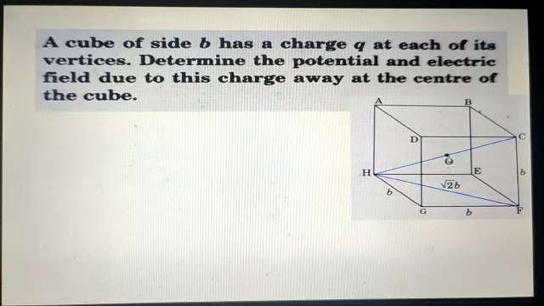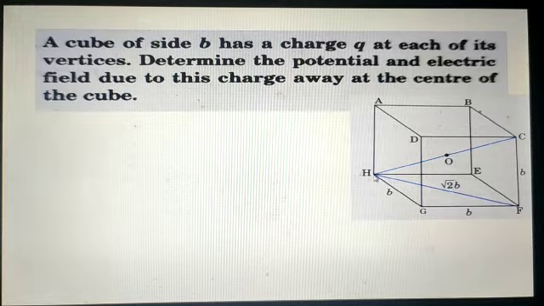So what we are going to do is choose a charge and find the potential at the point O due to that charge, and then multiply it by 8 because 8 charges are there, all equidistant, so all of them will have the same potential at the point O. So we'll multiply the quantity obtained for the charge at H by 8 so that we get the final answer. Now potential is a scalar quantity, so this distance is important. This is the same distance for all the charges.